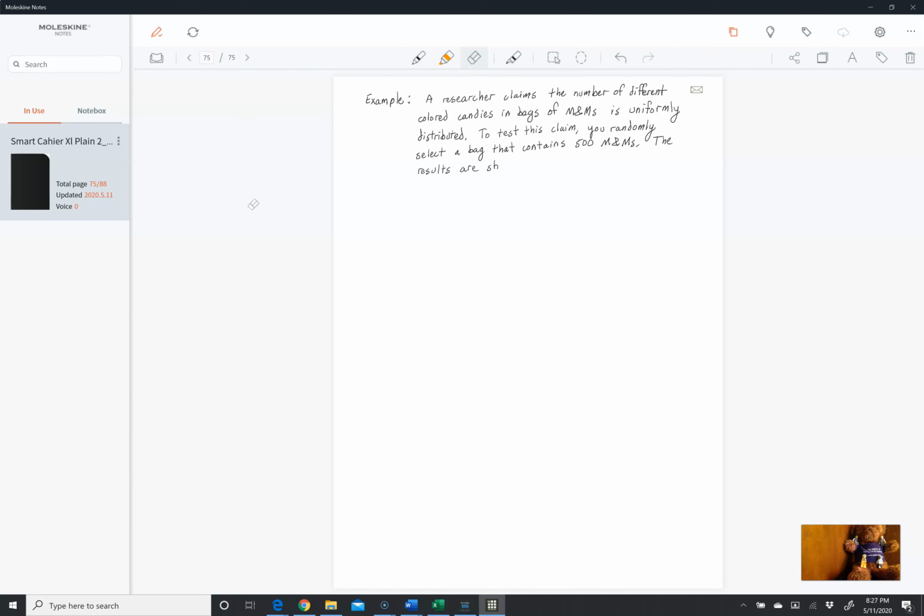The results are shown in the table below. And we're asking at a level of significance of 0.10, so 10%, we're going to test the researcher's claim.